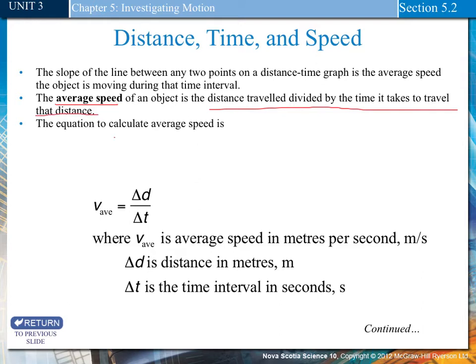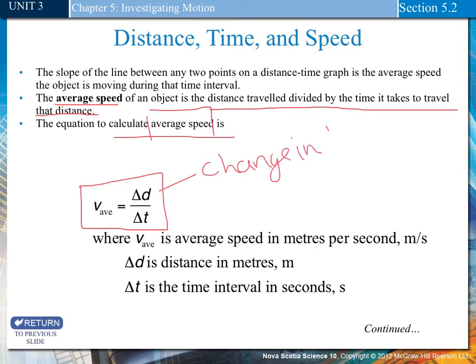The equation for calculating average speed is v average equals the change in distance over the change in time.